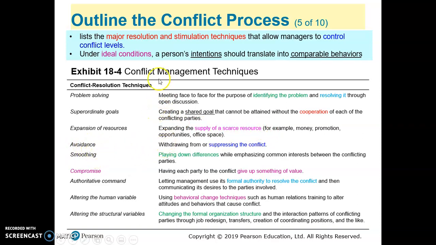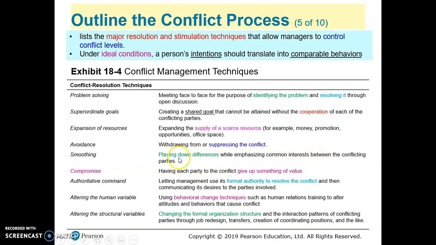Avoidance. Some people like to use avoidance. They do not want to face the conflicts. So avoidance is withdrawing from the conflict or suppressing it, like by ignoring it or by keeping away from meeting the persons you have conflicts with. Smoothing is playing down differences while emphasizing common interests.